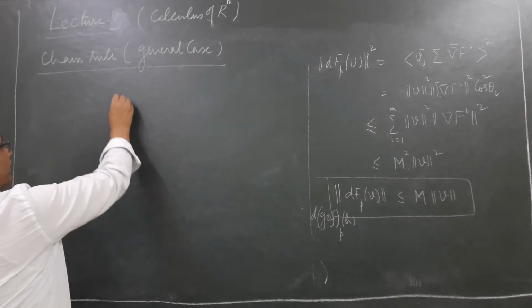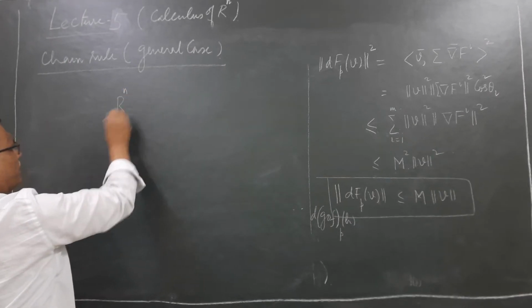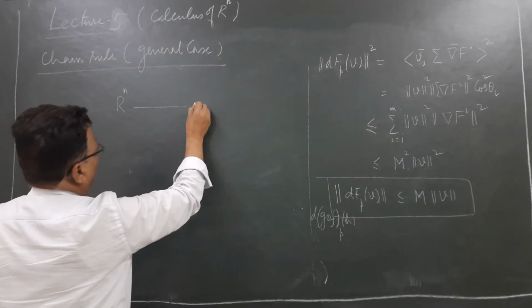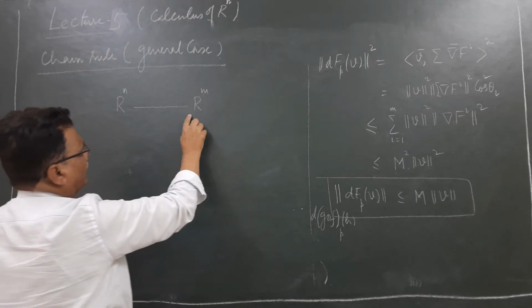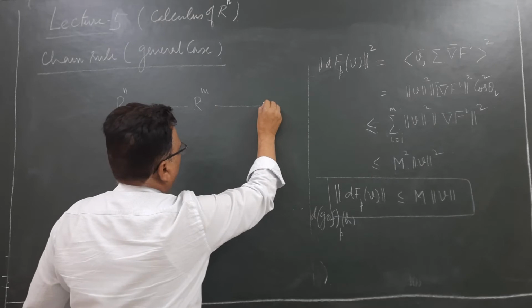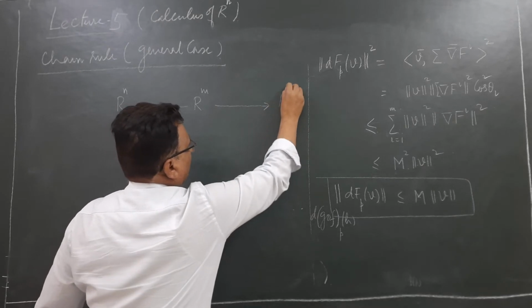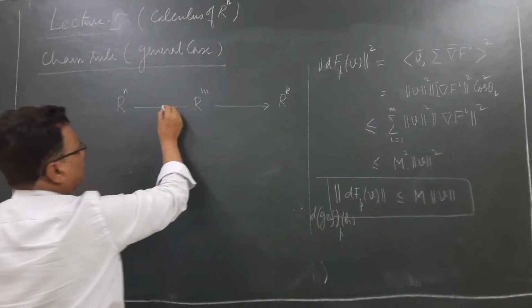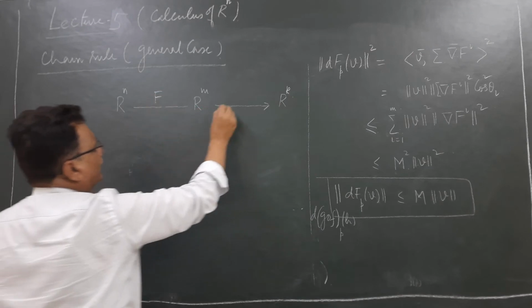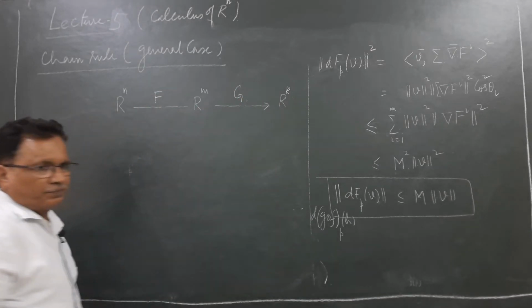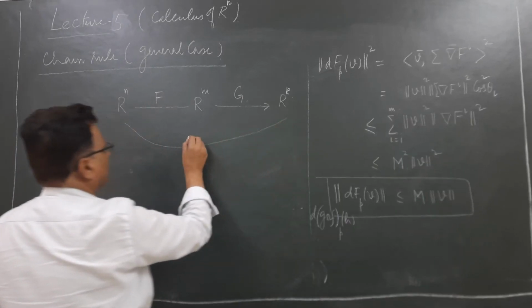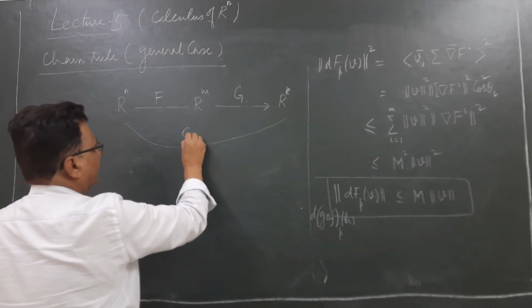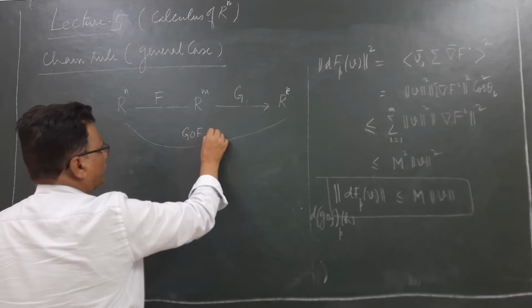So consider functions from an open subset of R^n into some open subset of R^m, and that open subset will land into R^k under a function g. Let me call the first one f, and this is g. Their composition will be g composition f. You may call it h.